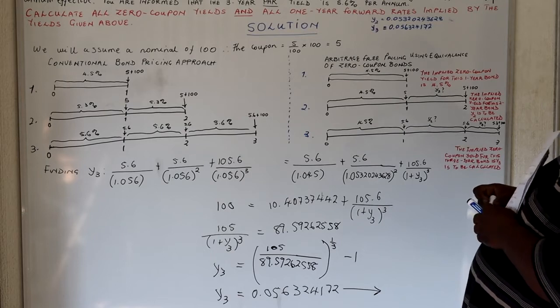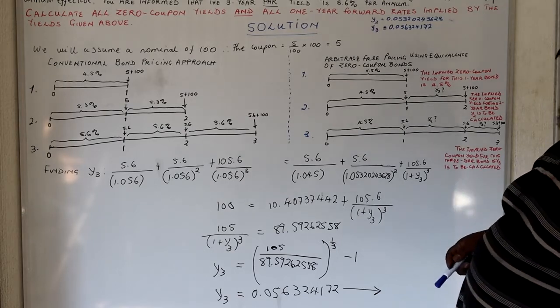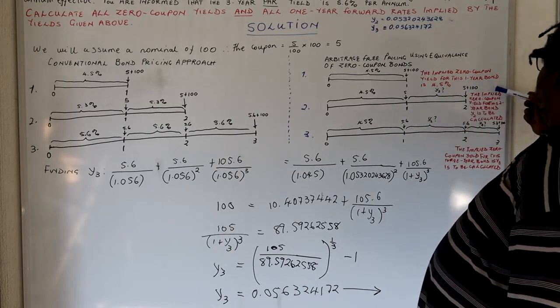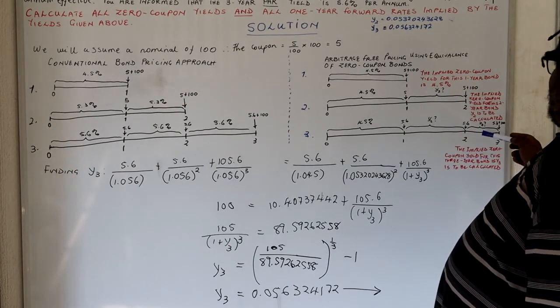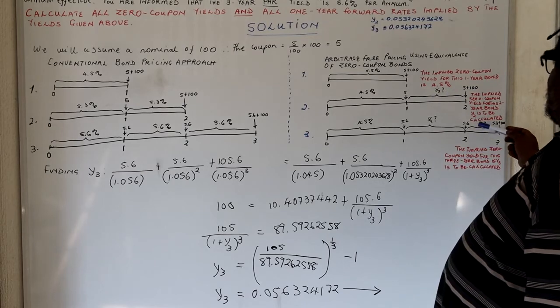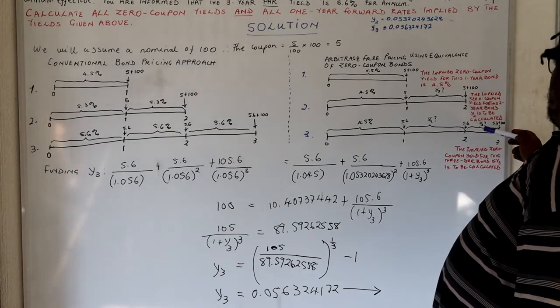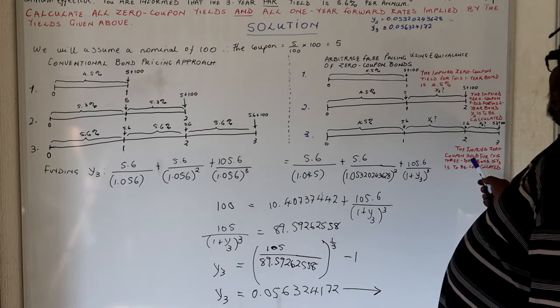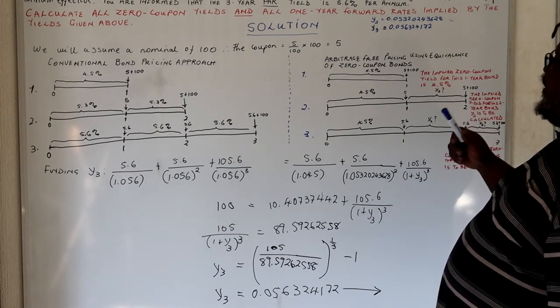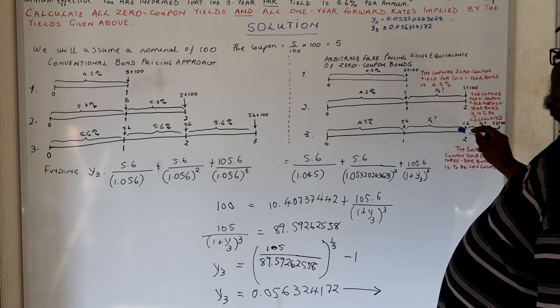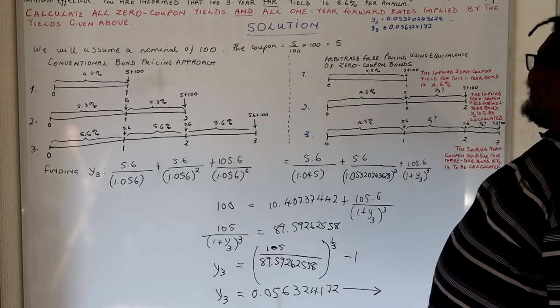So then the first part of the question is done. Here you have done the spot price for Y2, and you have done the spot rate for Y2, and you have done the spot rate for Y3, and you have calculated all the zero coupon yields implied by this side.